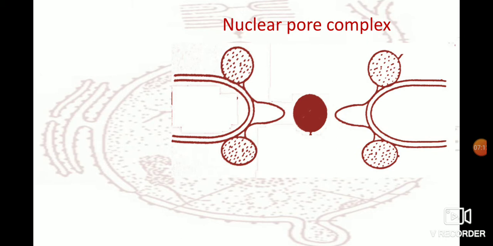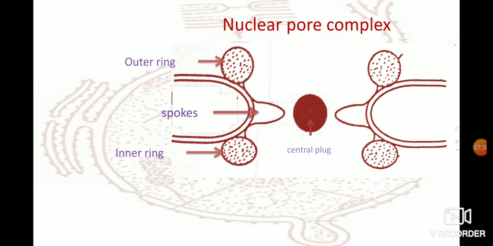So this is the central plug, this is the outer ring and this is the inner ring, and each subunit projects a spoke-like unit into the center. So the pore looks like a wheel with 8 spokes from the top.